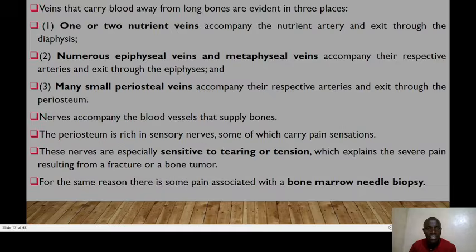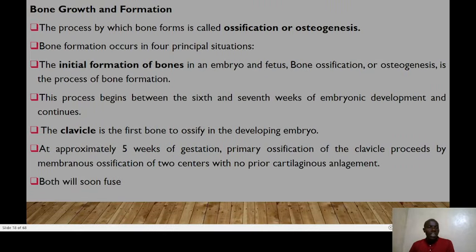In terms of bone growth and formation, the process by which bone forms is referred to as ossification, or sometimes osteogenesis. Bone formation occurs in four principal situations. The first situation is the initial formation of bones in an embryo and fetus.